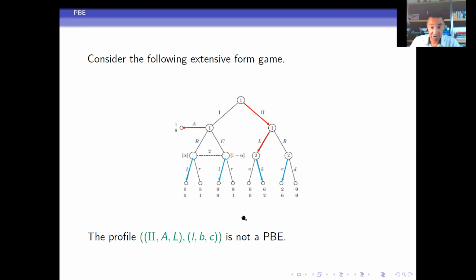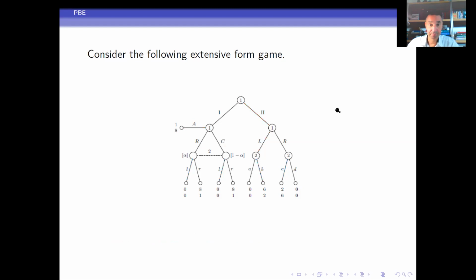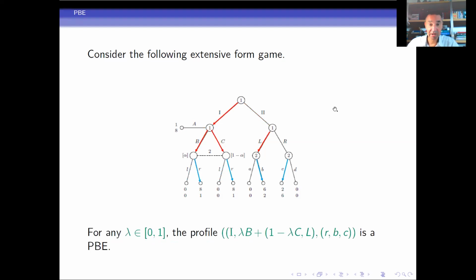Anyway, the conclusion is that this is not a PBE because for any alpha, you have to choose R, and that is currently not what you're doing in this subgame. What would now be perfect Bayesian equilibria? Well, maybe that's a good thing to do.